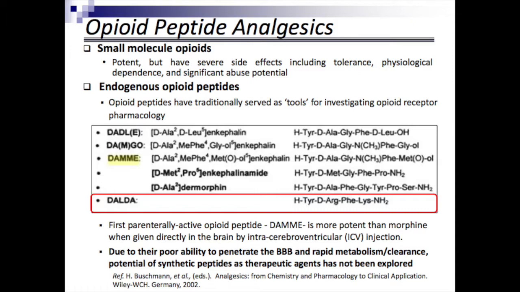However, these peptides, even though they're very small, only 4 or 5 amino acids long, are not permeable across the blood-brain barrier. Therefore, anything that we can do to enhance permeability would be a positive way to get these molecules across.